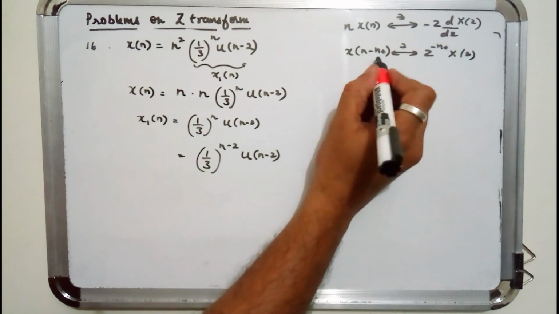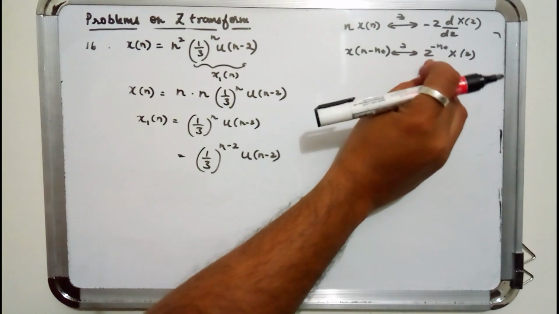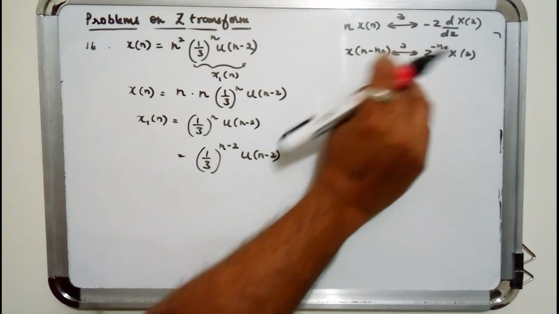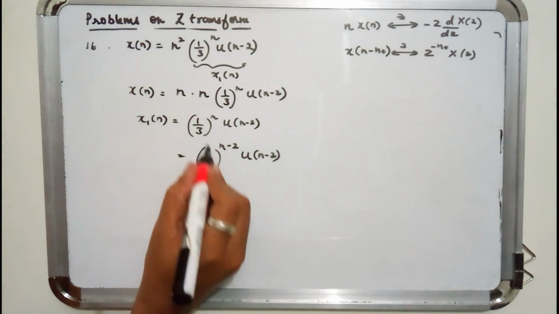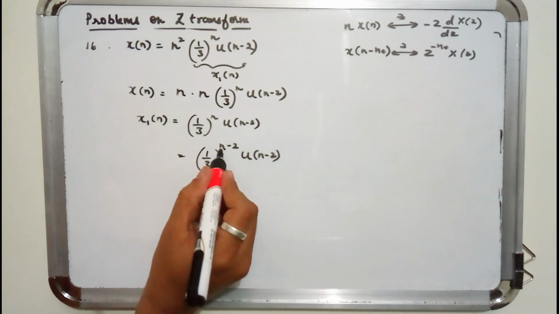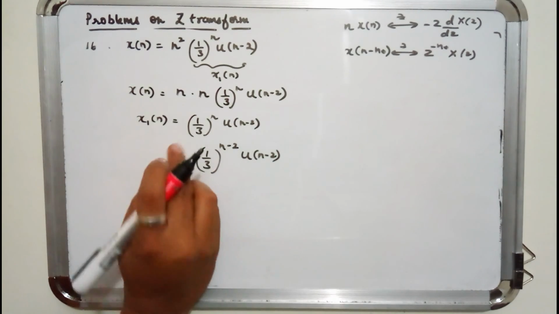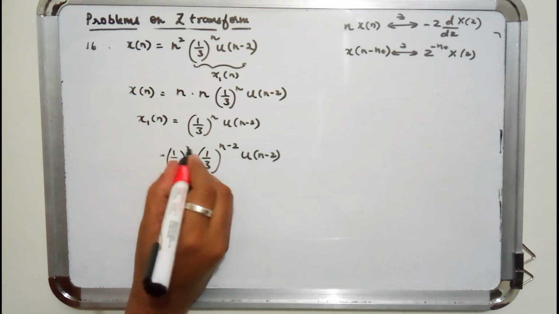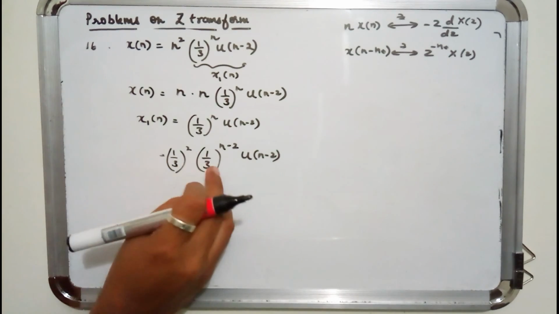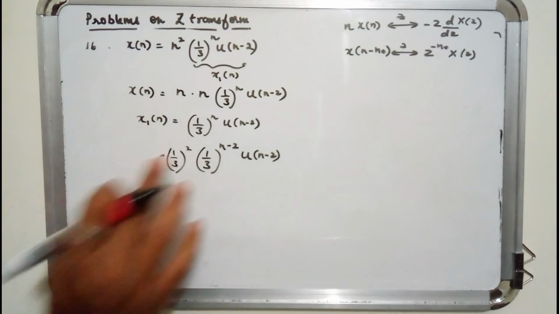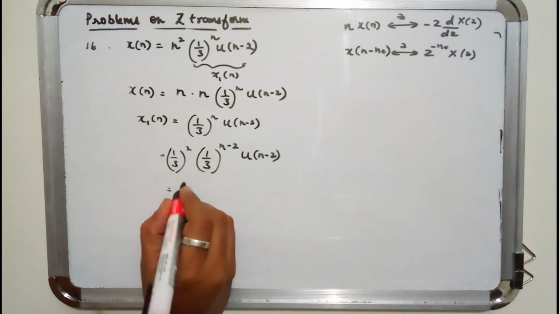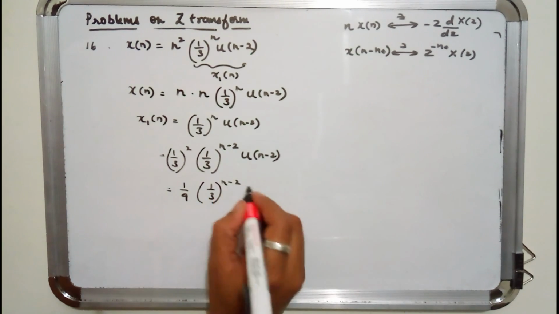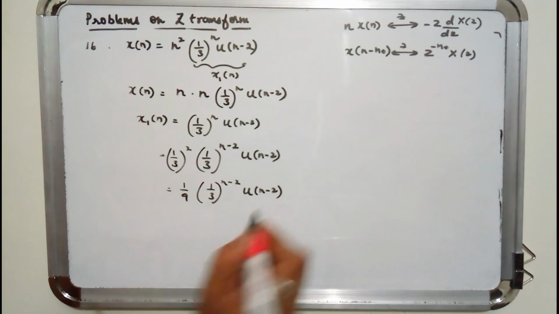That means if there is a shift everywhere, then there will be exponential multiplier, I mean z to the power the shifted version. So since 1 by 3 power n was made 1 by 3 power n minus 2, I need to multiply here by 1 by 3 power 2, because 1 by 3 power 2 into 1 by 3 power minus 2 gets cancelled and you get 1 by 3 power n. So this is 1 by 9 into 1 by 3 power n minus 2 into u of n minus 2.